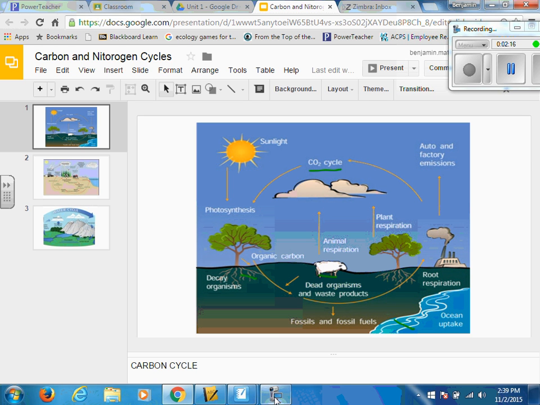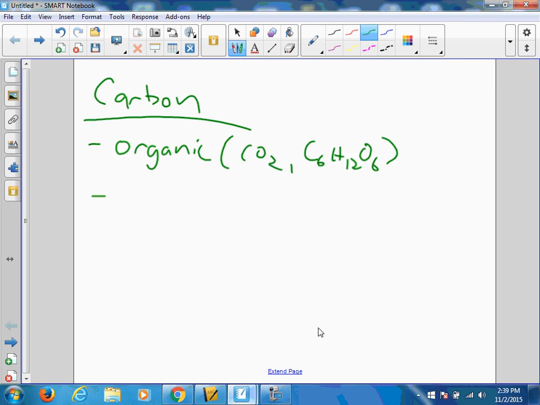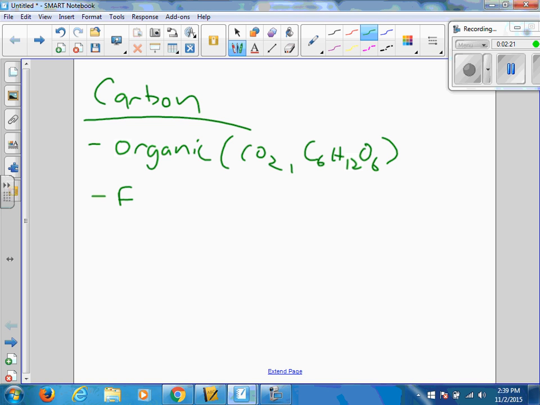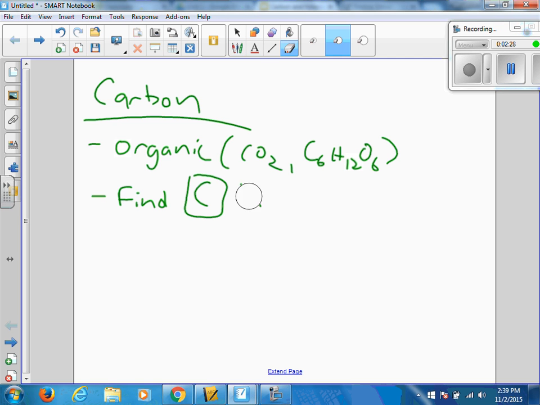So going back to your notes, just make a note that you find carbon, and I'll put C, and we'll just say everywhere. All right, and that's referencing the ocean, the land, living organisms, the atmosphere.